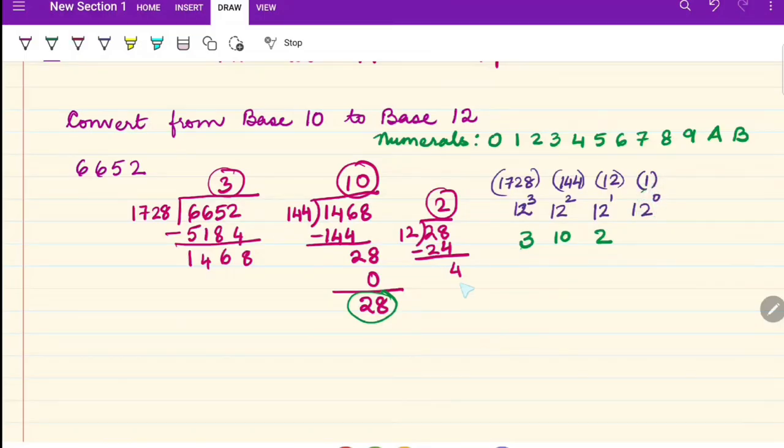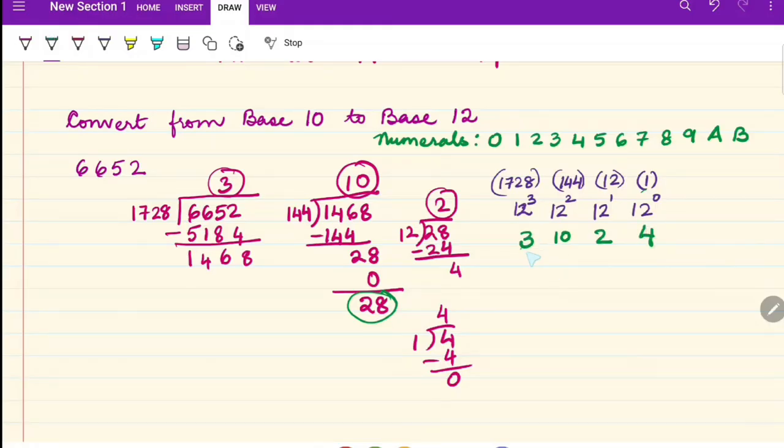Actually, you can stop at this point and just put 4 over here, but just to be consistent with the process, I'm going to divide 4 by 1. That's the positional value of the extreme right hand digit. So 4 minus 0. So I'm going to write 4.